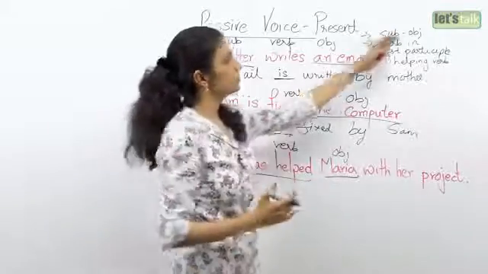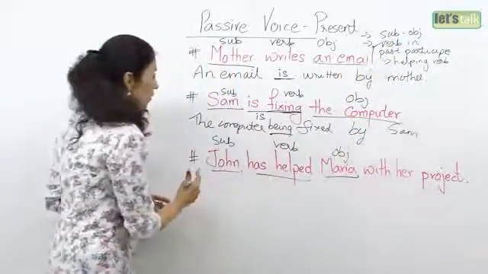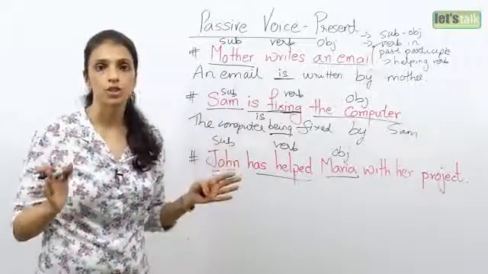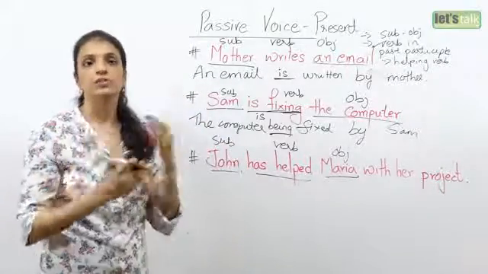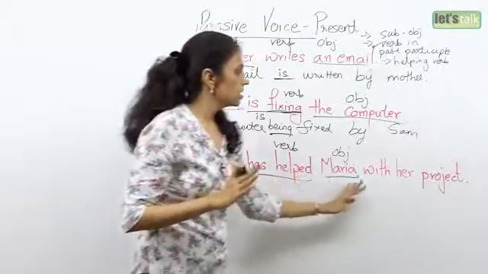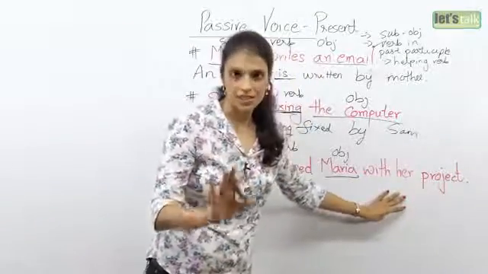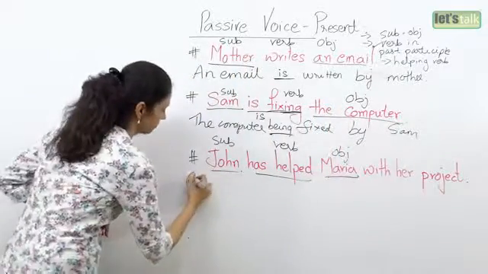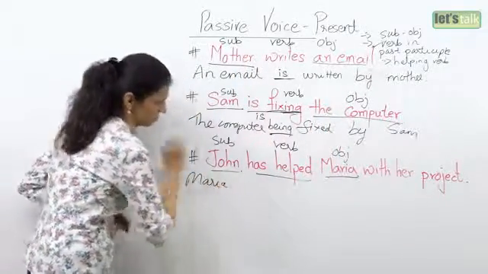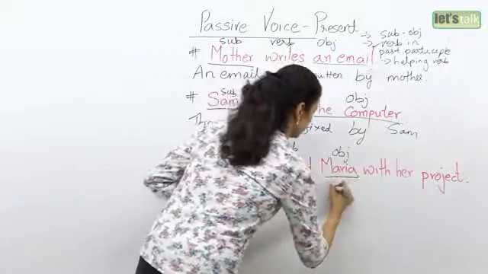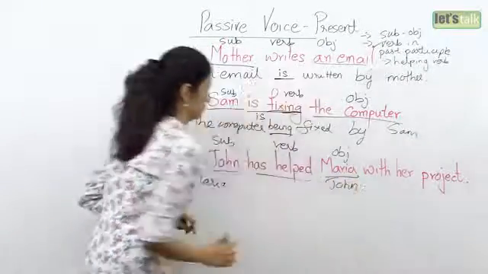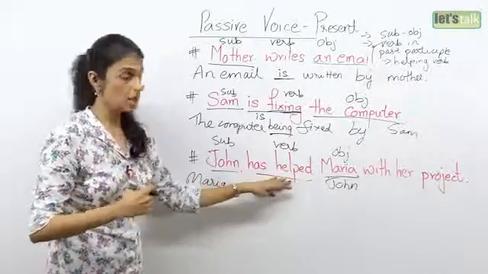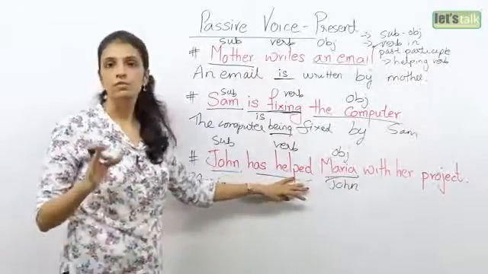Now let's quickly interchange subject and object. Well, in this case, we are only going to play with the subject, verb and object. Only interchange them and change the form. Do not play with the other part of the sentence. Let it be the way it is. So Maria. And you have John here. Now this is a present perfect tense. You have has already with the verb in the third form.